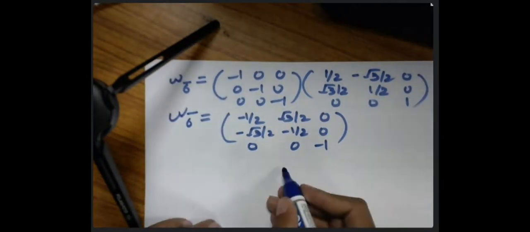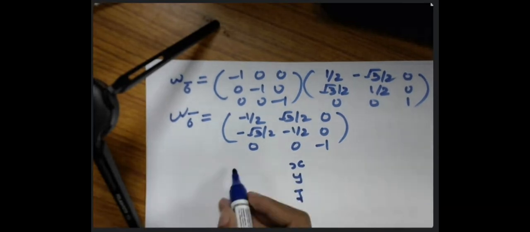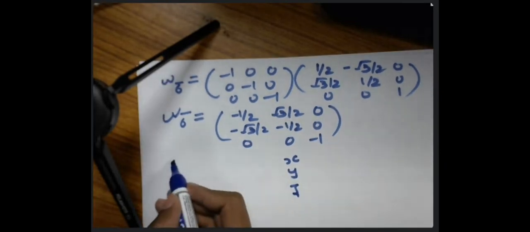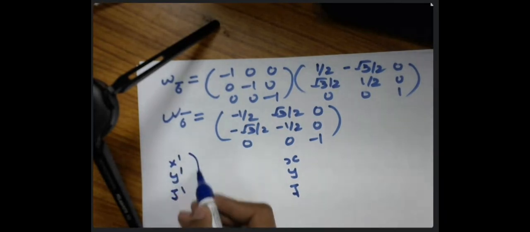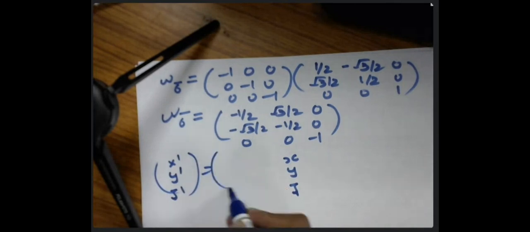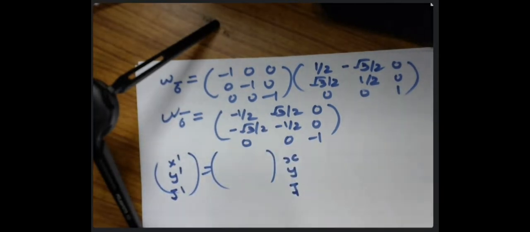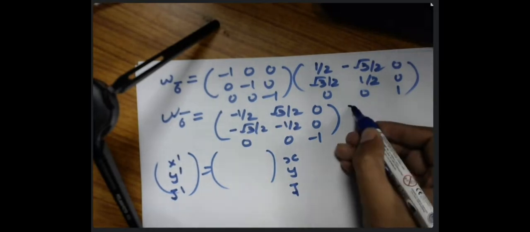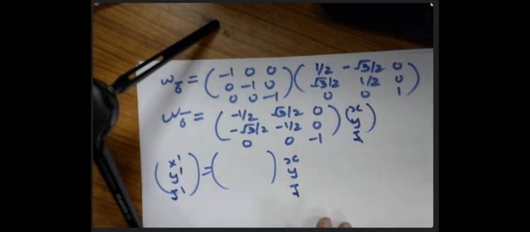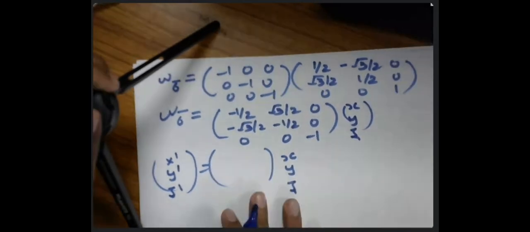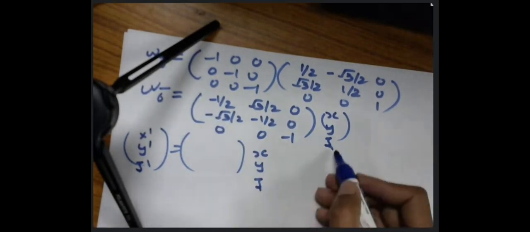Now, starting with the point x, y, z, what will our point be? X dash, y dash, and z dash, after we rotate by the symmetry transformation matrix, which is represented by this. So we have to multiply x, y, z over here, and we will get our x dash, y dash, and z dash. Let's do it. So first row multiplied by the entire column.